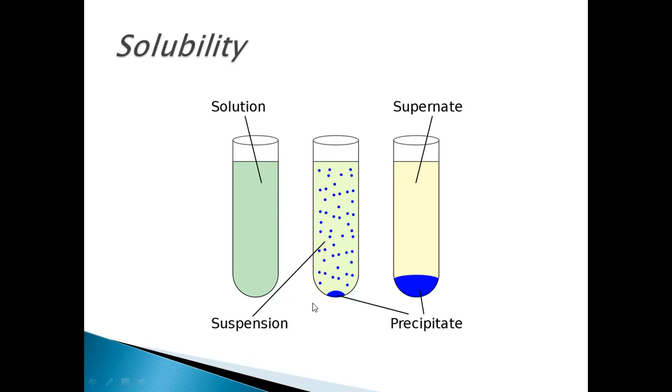That's why you have a suspension. And you have some particles at the bottom. We call it precipitate. You can see this one is sparingly soluble. But if you look at the third one, all the substance settles at the bottom. This one is non-soluble. We describe this as being non-soluble.